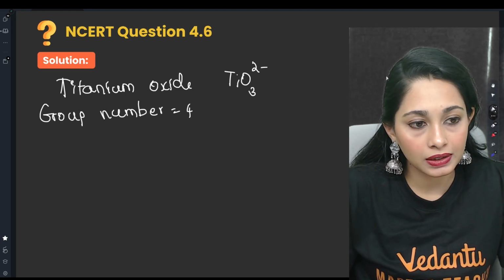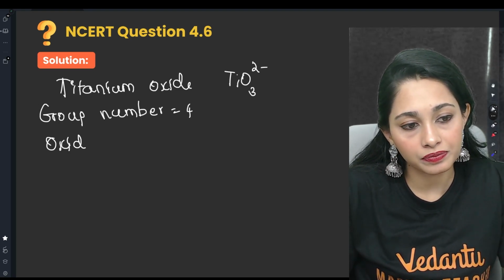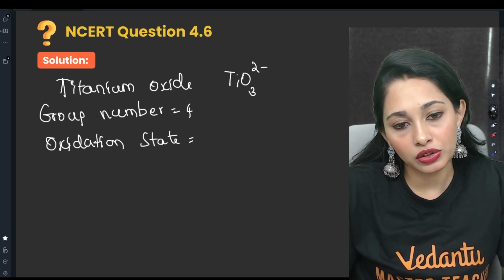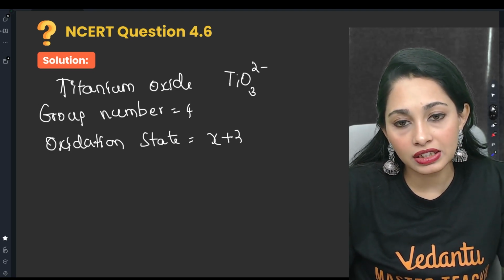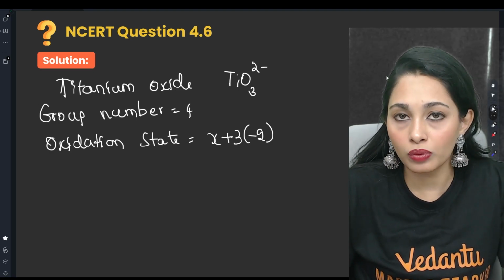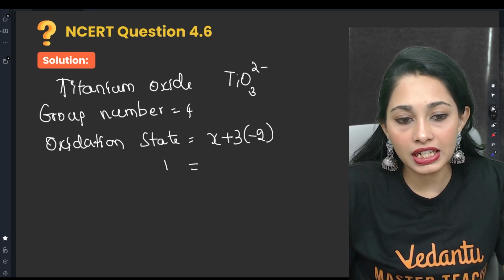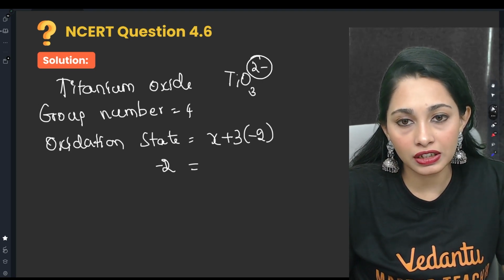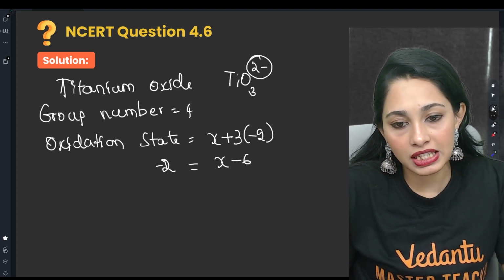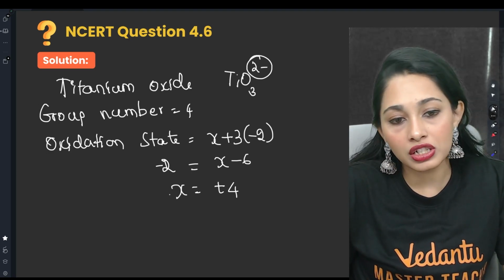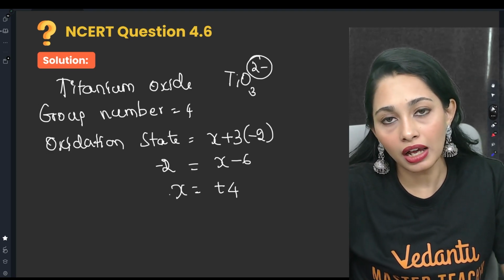Oxidation state is equal to X plus 3 into minus 2, minus 2 being the valency of oxygen. So X minus 6 is equal to minus 2, so X is equal to plus 4. So both oxidation state and group number are 4.